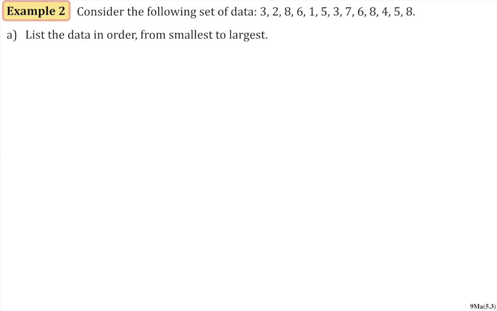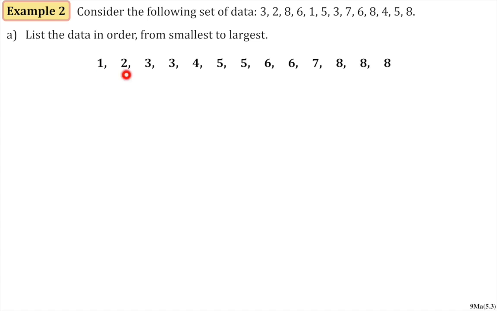Here we've got a group of numbers again. Now it's important that when you're wanting to do the interquartile range that we actually order the numbers from smallest to largest. So that's what part A asks us to do, to reorder the numbers from smallest to largest, because they're not in a particular order. So I've written them out there so we can see it. And what we need to do now is count how many numbers there are.